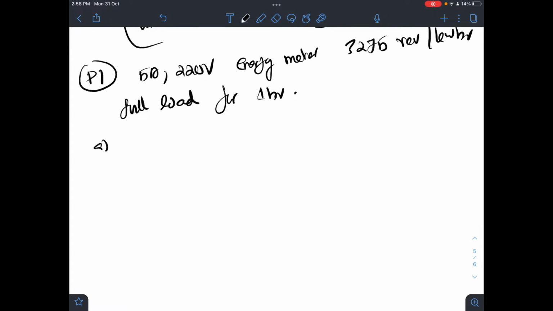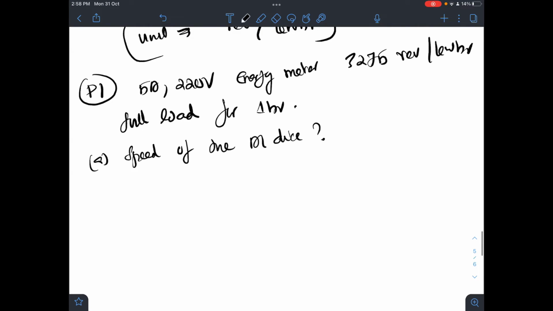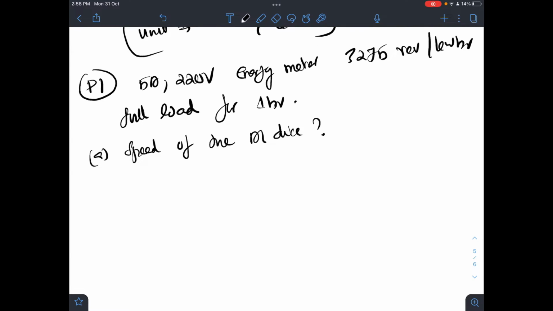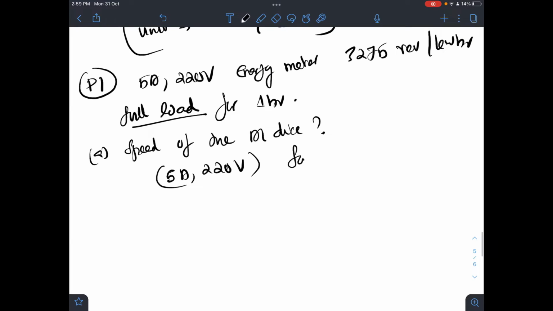Now what I am asking is, let us find out the speed of this aluminum disc. That is what I am asking. So how can we find out the speed? You are aware that the rating of this machine is 5 ampere 220 volt. So under full load it will be taking 5 ampere at 220 volt, and it is running for 1 hour.